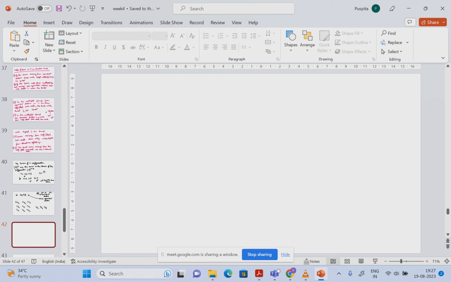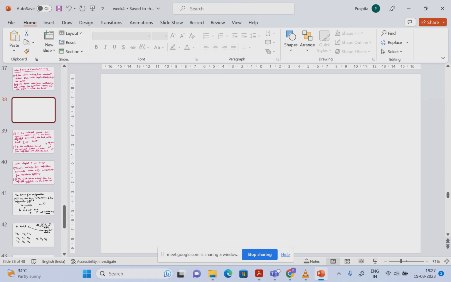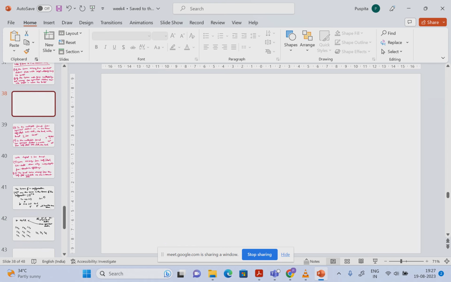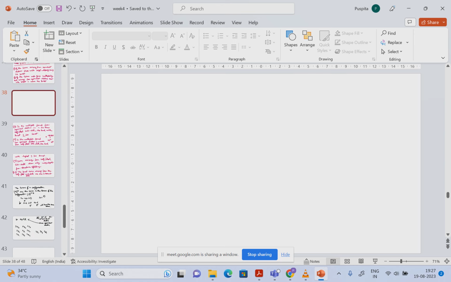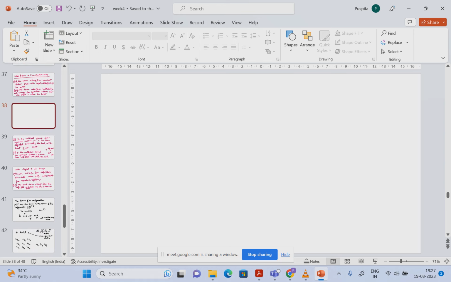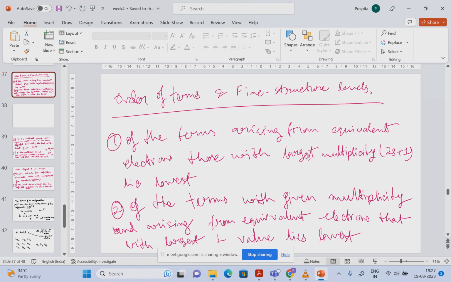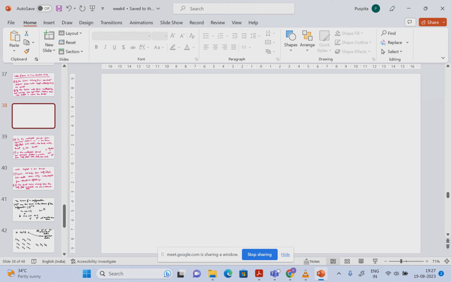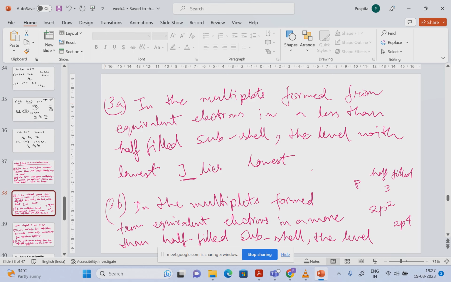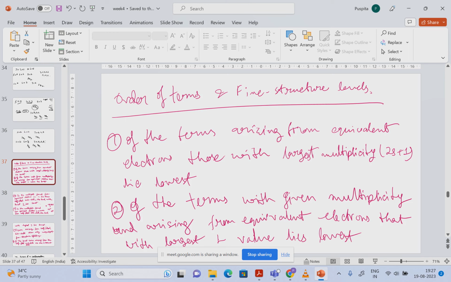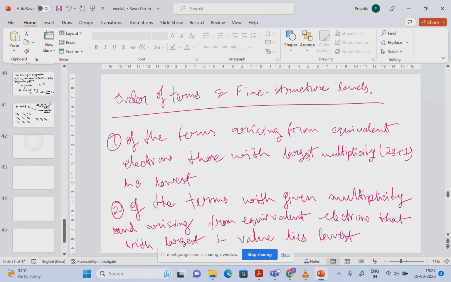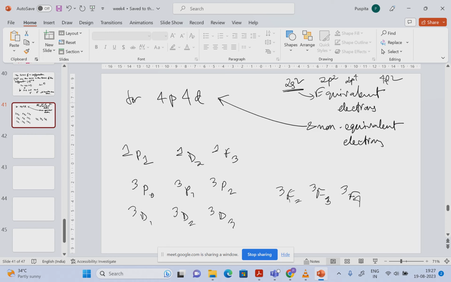The first rule says that of the terms arising from equivalent electrons, those with the largest multiplicity lie lowest. Whether it is equivalent or non-equivalent electrons, the largest S will lie low. Here 2S plus 1 is 1 and 3. So the highest S will lie low and the lowest L will be in the upper state.